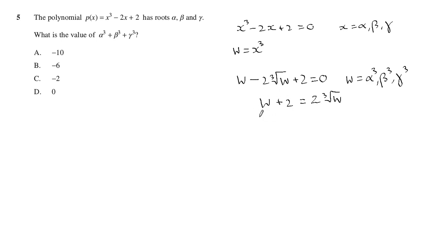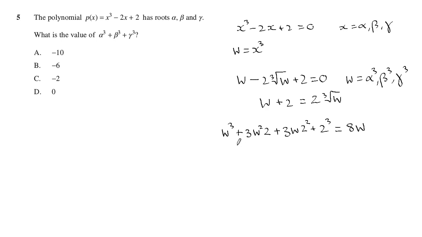So this cubed will be w cubed plus 3 times w squared times 2, plus 3w times 2 squared plus the 2 cubed. And this cubed will be 8 times w.